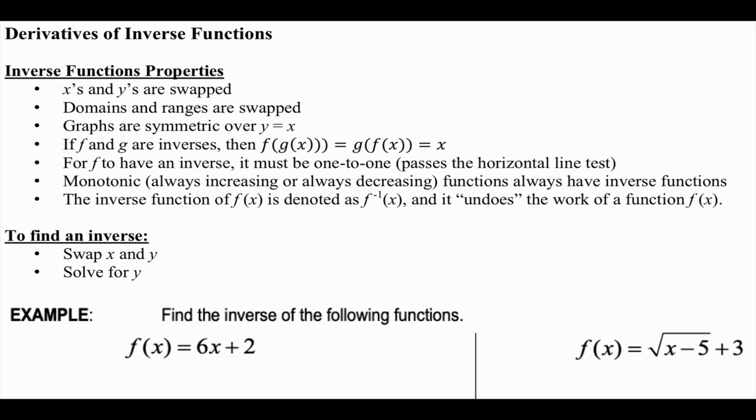That little -1, f to the -1, looks like a -1 power. It's not, but it looks like that. That means inverse, okay? So if I say this is f of x, and I say this is f of -1, that means they're inverses of each other.